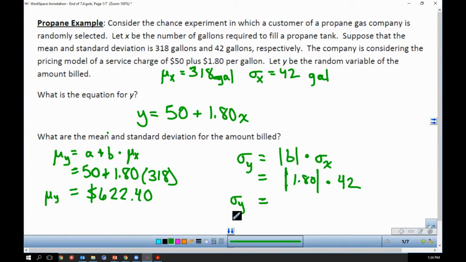Yep, and since it's in terms of dollars, we'd say $75.60. That's all they ask for.